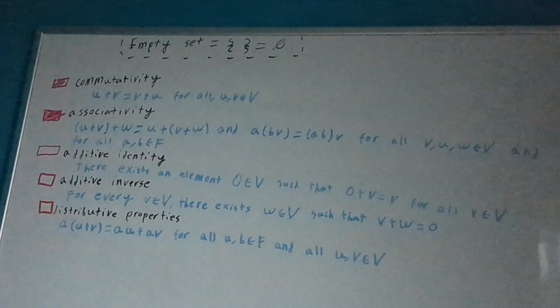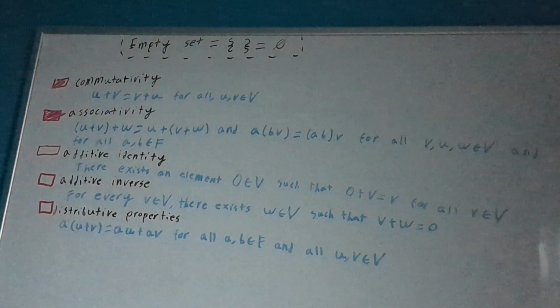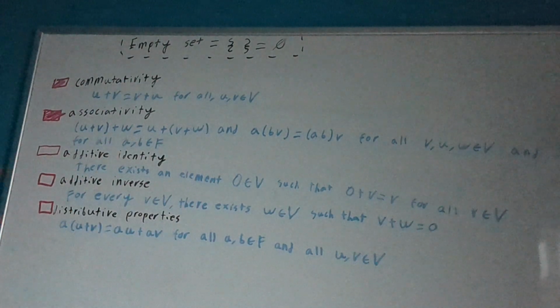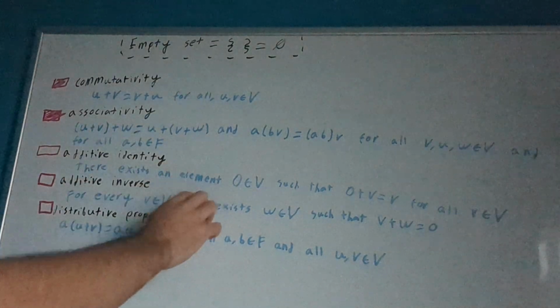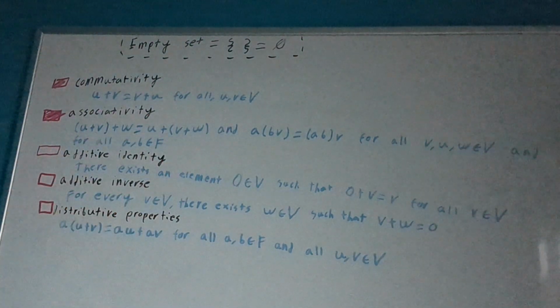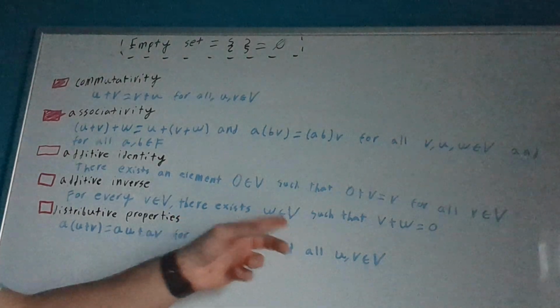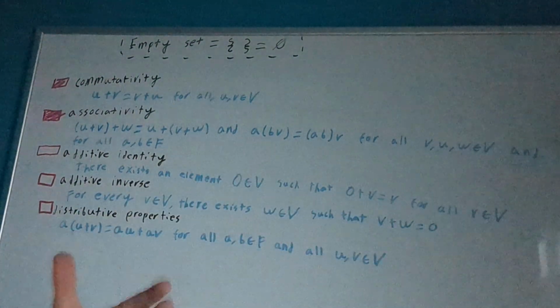Now, the additive identity. I'm just going to go out there and say it. This is the one that doesn't fulfill. So we're going to skip this one for now and do these two. Now, once again, these two are fulfilled the exact same way as the other ones. For every V inside the empty set, there exists a W inside the empty set, such that V plus W equals 0.